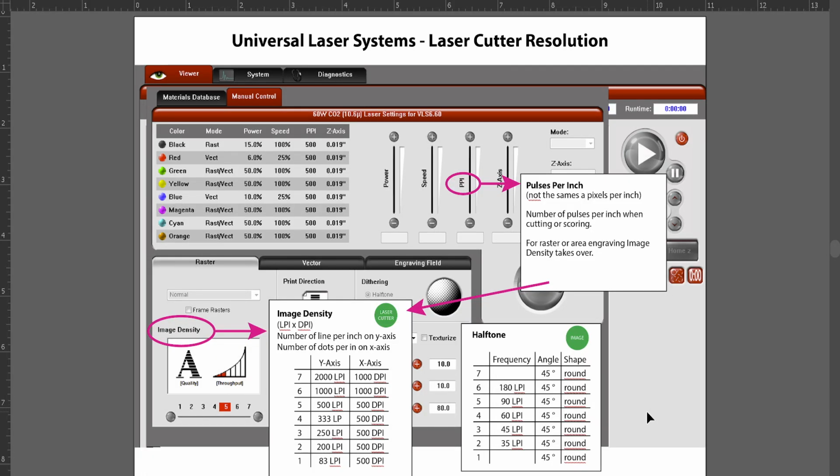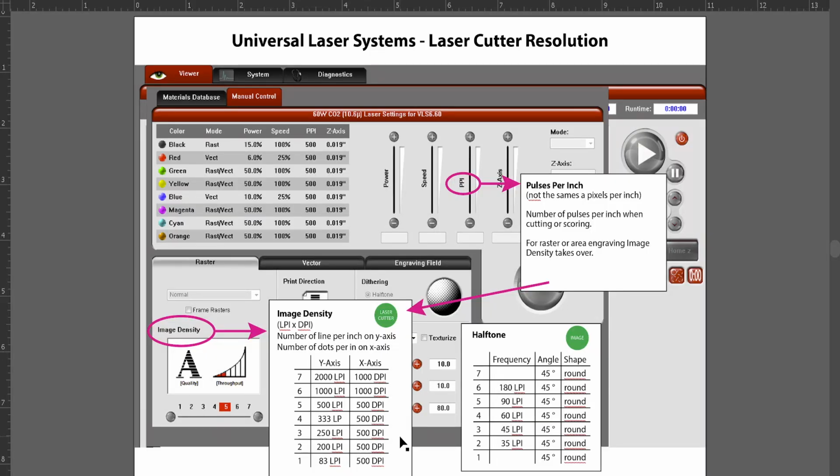So I don't dare ask him. But if one of you could go on to the Trotec website, and you don't have to have a Trotec, just say you work on one at your school, and ask what the halftone frequency relationship is to the DPI of the machine. I would love to know that information.